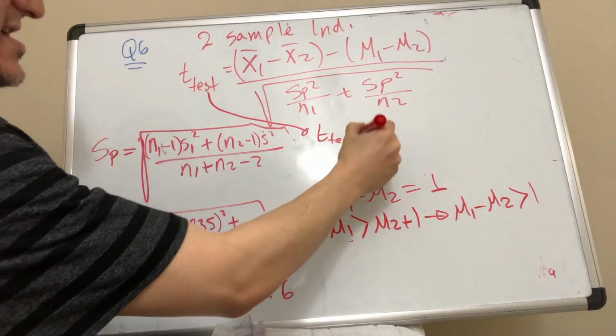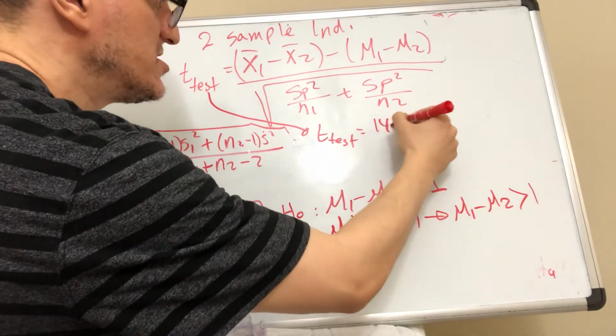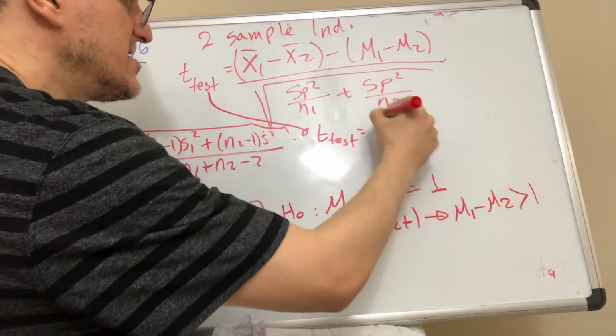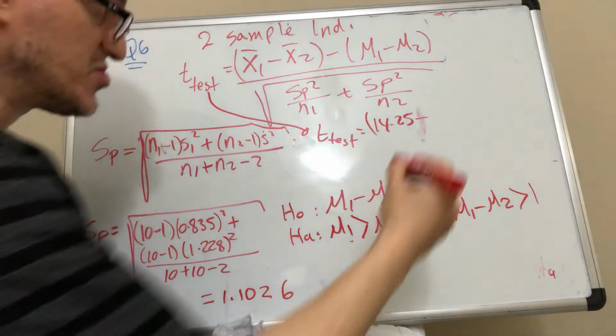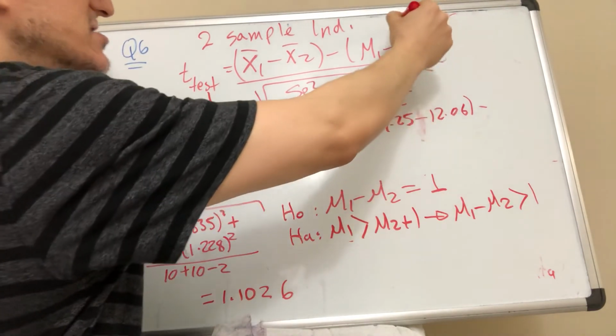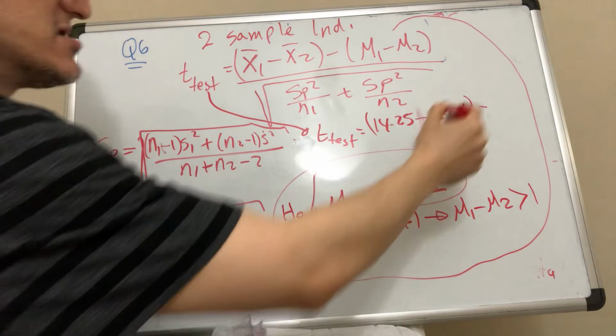T-test, or t-stat, or t-observed. I need average group 1, 1459, minus average group 2, 1206. Mu1 minus mu2, you get it from the hypothesis, mu1 minus mu2 is 1.